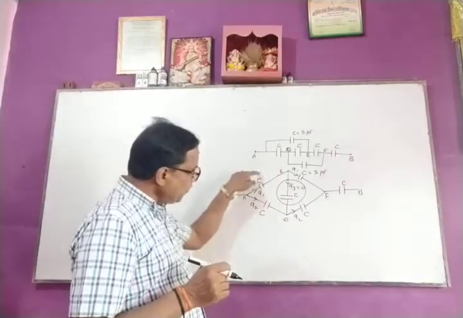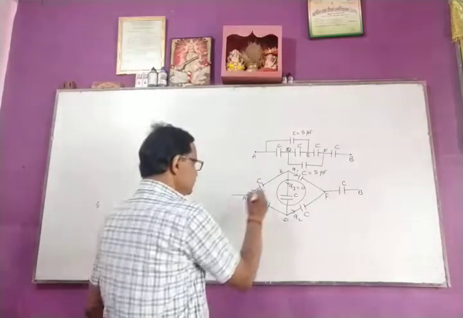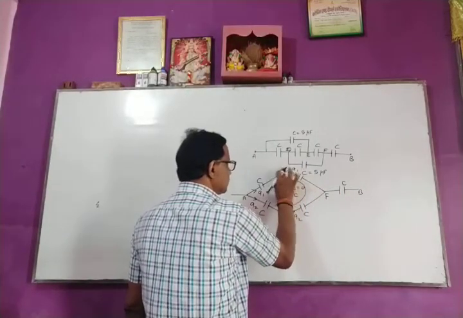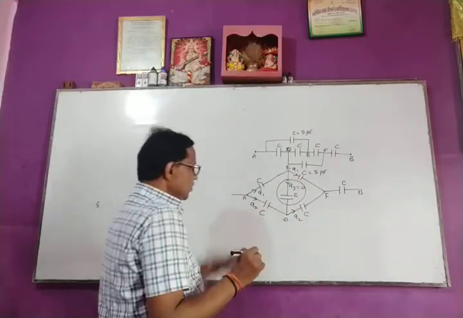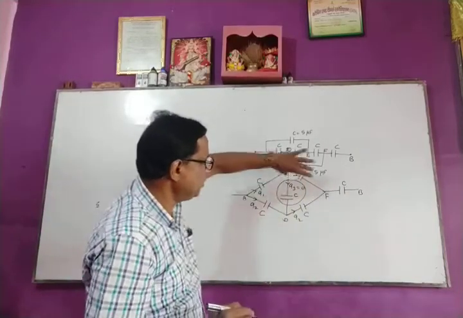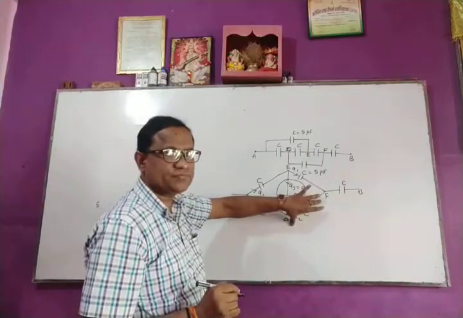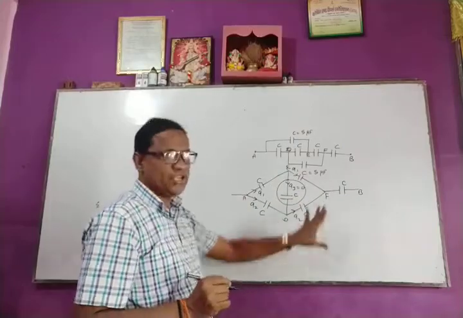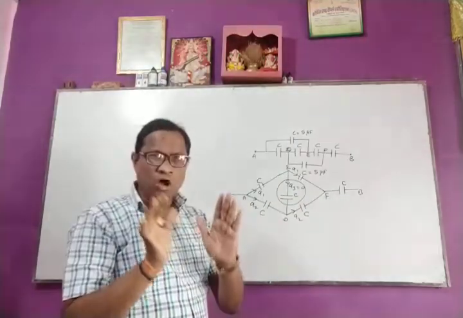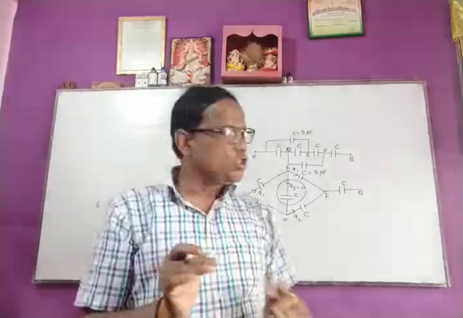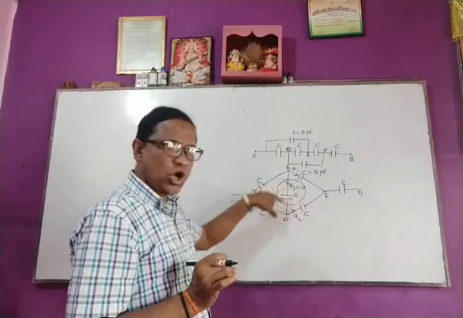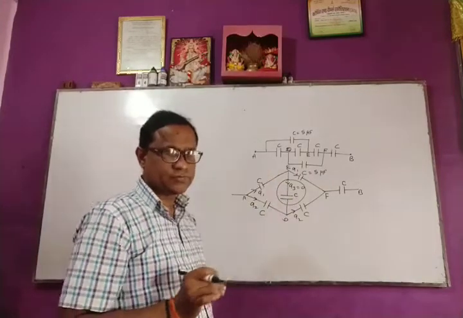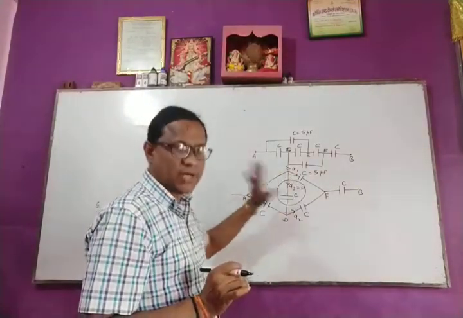If the ratio of these arms AE to AD, EF to DF, the ratio of all arms are equal, so no charge will flow across that capacitor, so it is negligible.